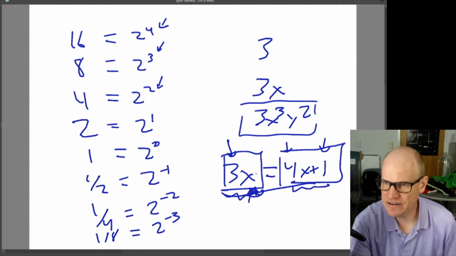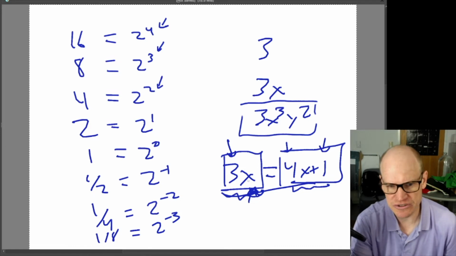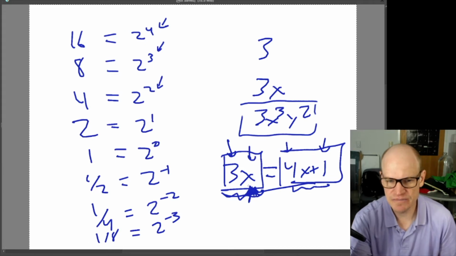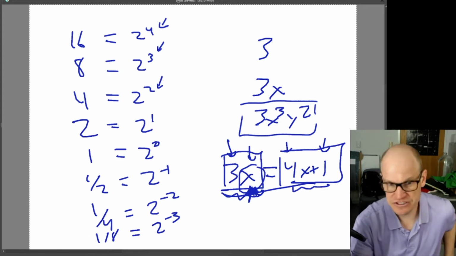The only thing that I can even change the value of to allow them to be equal to each other is by adjusting this variable. And so you solve for this variable to see, is it possible for me to find a value for this variable that allows these two things to be mathematically equal to each other? Symbolically, they're already different.